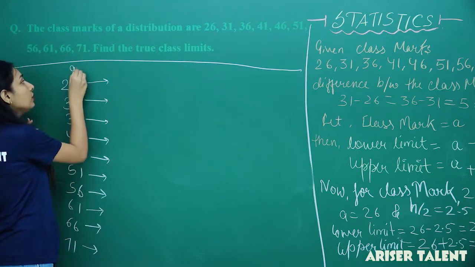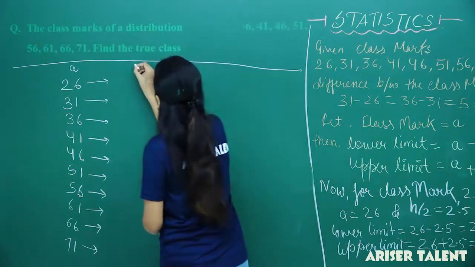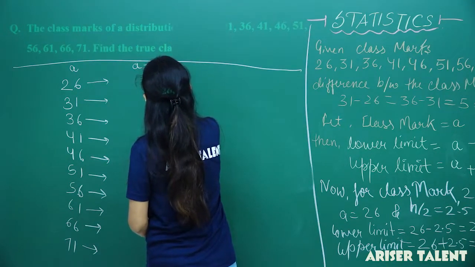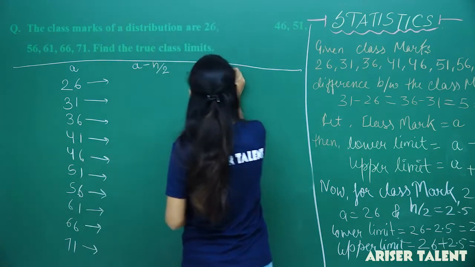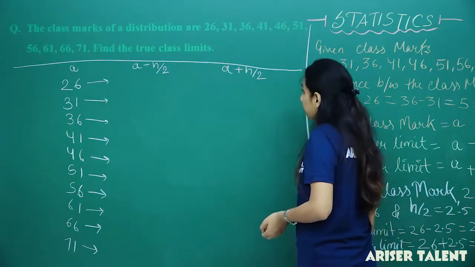These are all the values of A. Now you have to write here A minus h by 2, which will be your lower limit, and A plus h by 2, which will be your upper limit.